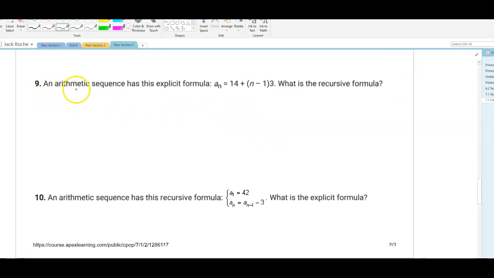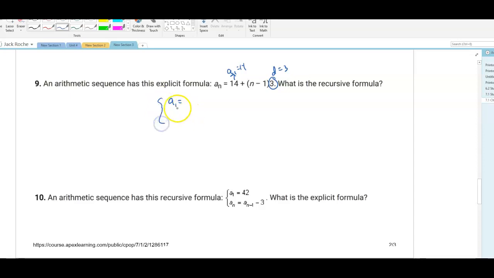All right, number 9. An arithmetic sequence has the explicit rule given. What is the recursive formula? So remember, in this explicit rule, this is the explicit. This 14 is your first term, and 3 is your common difference, right? So now that we know that, to write our recursive rule, what's our first term?